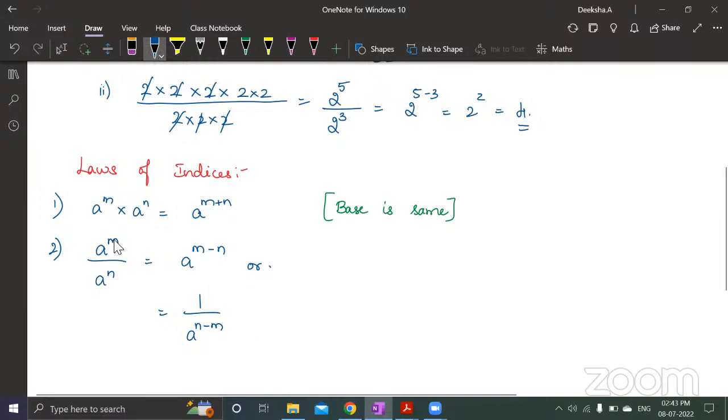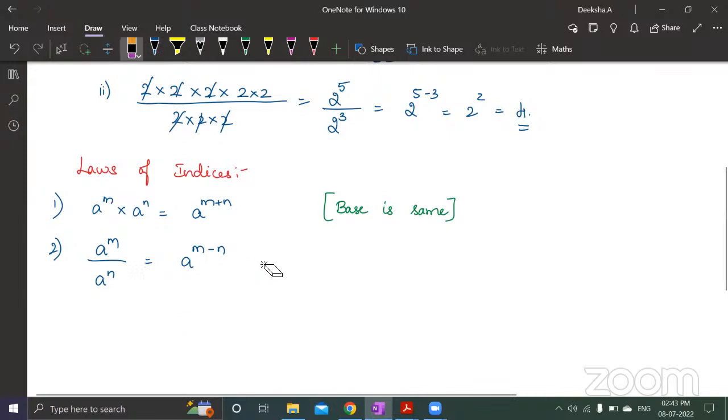Sign changes only for the power, not for the number. If the number is a negative number, answer will remain negative depending on whether the power is even or odd. So here, whether the answer is even or odd depends on what are the signs of the numbers. But when you're shifting this, we are changing only sign of the power, not for the base. Okay, this is the other rule.